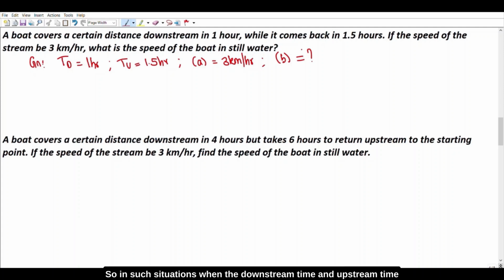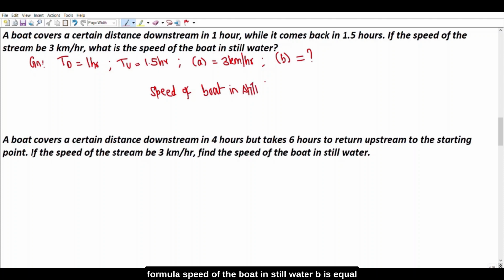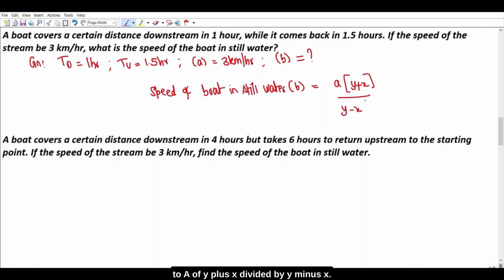That is B. In such situations, when the downstream time and the upstream time are given individually and the speed of the stream is also given, then the speed of the boat in still water can be determined using the formula B is equal to A times (y plus x) divided by (y minus x).